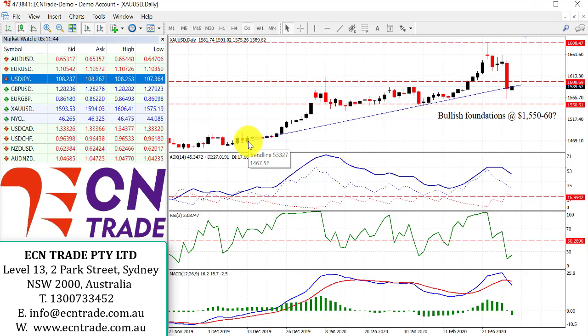Overall, though, I'm going to sit with a neutral view at the moment because the market, to me, is just too aggressive in that $87 fall, and we can see any movement now coming to the lows around 1,550 to 60. But that being said, if we get a break above 1,610, that would reinstate the upside to 1,630 to 36.